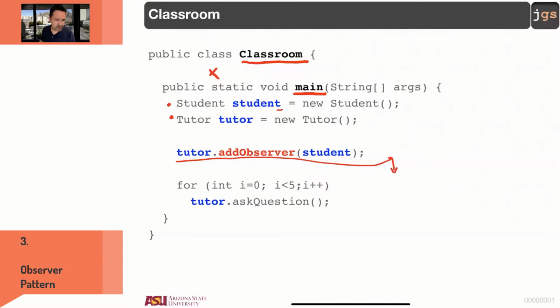Whatever I do below is just work with my objects as usual. For instance, just for fun, I put a for loop. In the for loop, I am calling the method ask questions. So this tutor is asking 5 questions, and 5 times the object student is going to receive a notification. There is a new question. And the student is going to be able to ask back, can you repeat the question? So 2 classes that share information. Done. Questions so far?